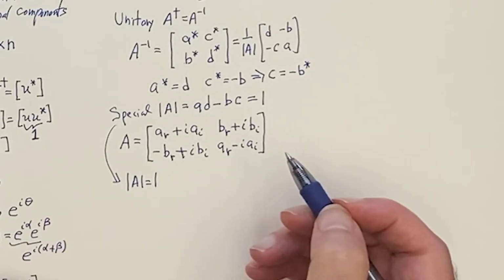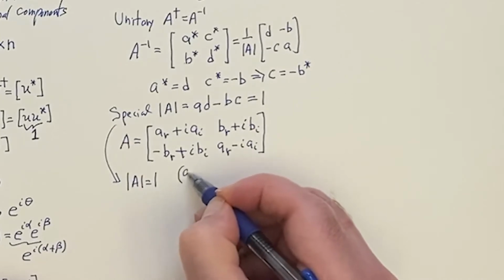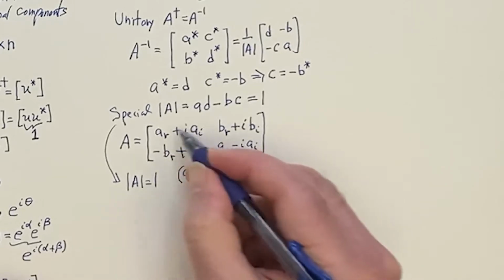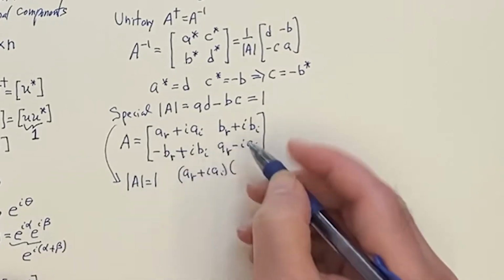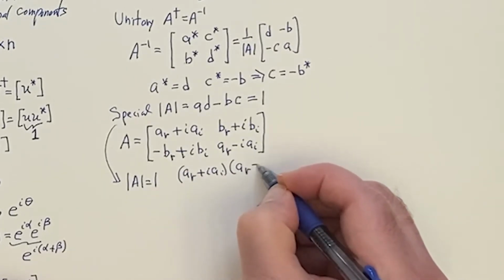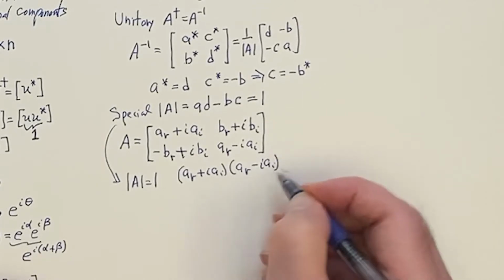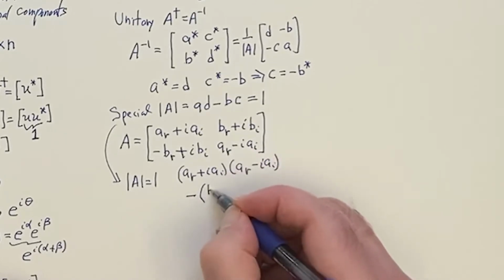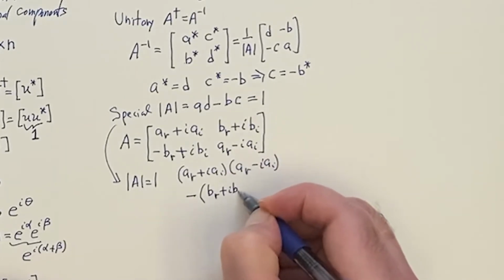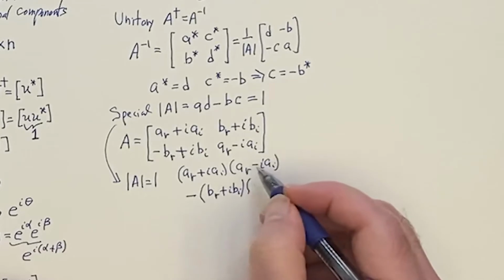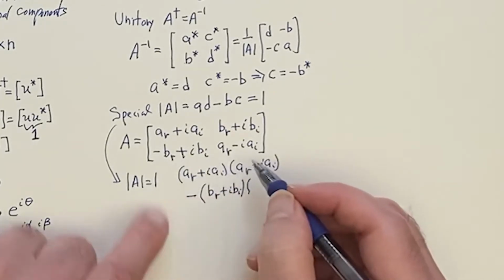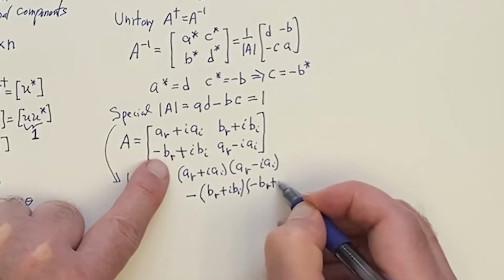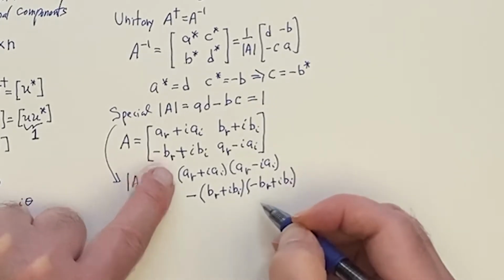So if we were to do that, we would have the AR plus AI, this multiplication minus the other one. So this multiplication minus this multiplication, which is BR plus IBI, writing the top one first, you would have a minus BR plus IBI.